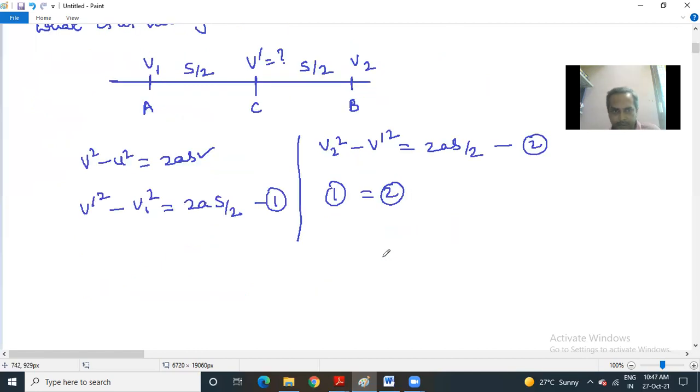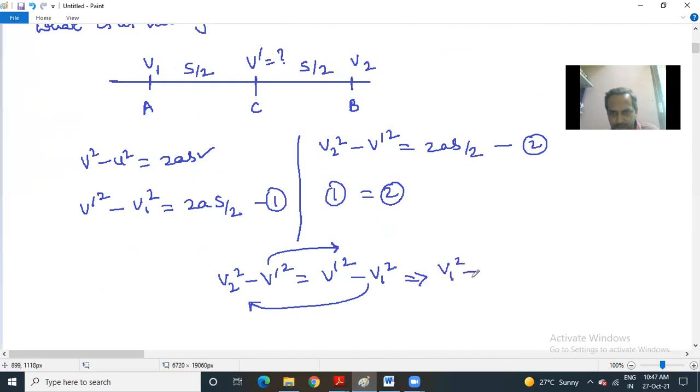So if you compare them, you will have to write v2 square minus v dash square is equal to v dash square minus v1 square. On simplifying this, you get v dash square on the right side and v1 square on the left side. So therefore, v1 square plus v2 square is equal to 2v dash square. So we are looking for v dash square.